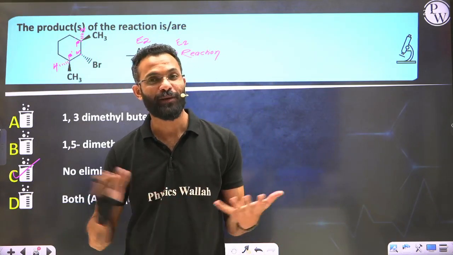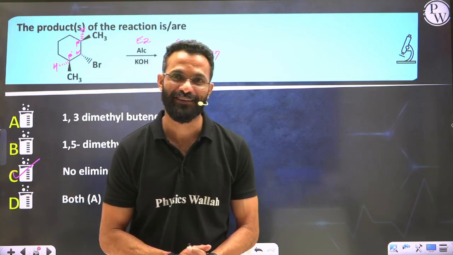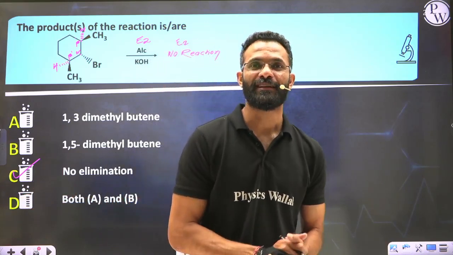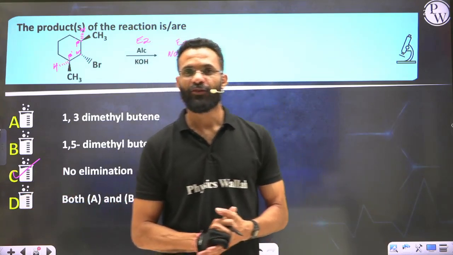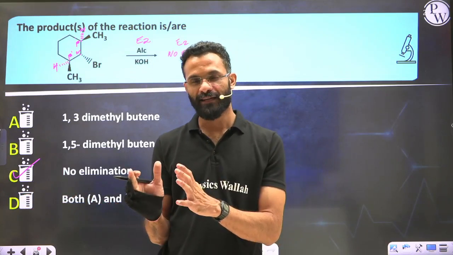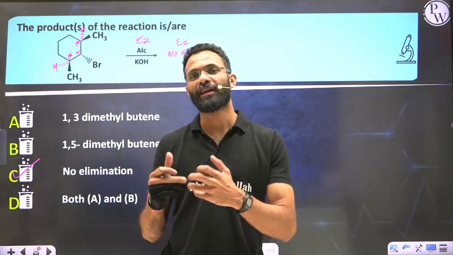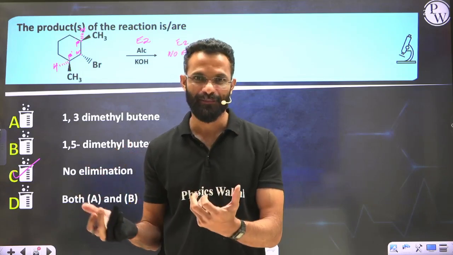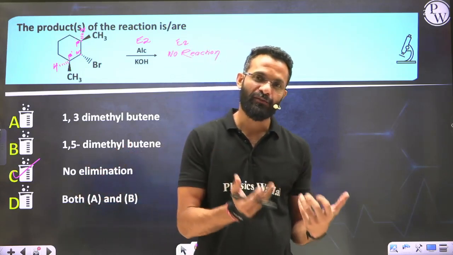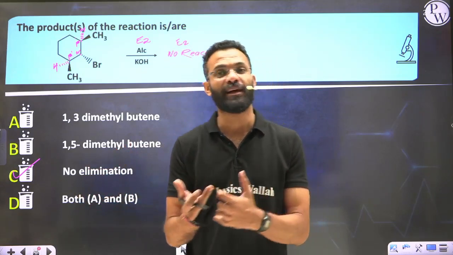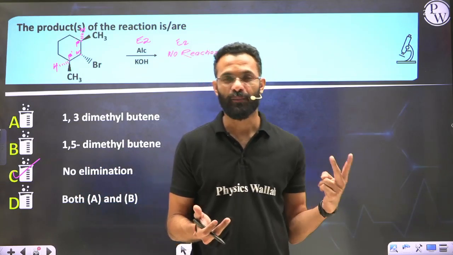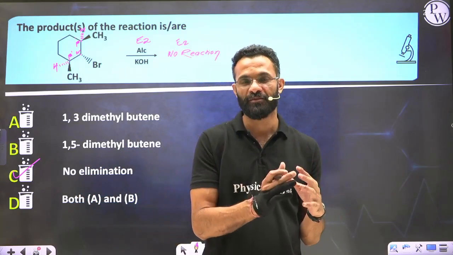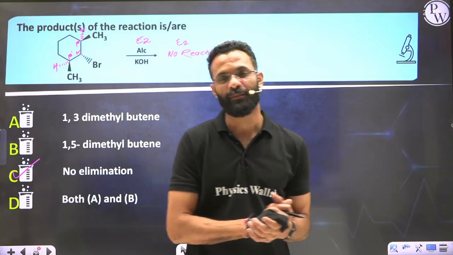Now let me take you back to one very important statement which I referred to earlier. If you remember, we said whenever we have an alkyl halide containing 2 or more non-equivalent beta carbon atoms, when we allow it to react with a strong base, it gives you E2 reaction, and the 2 products obtained are the Saytzeff elimination product and the Hofmann elimination product.